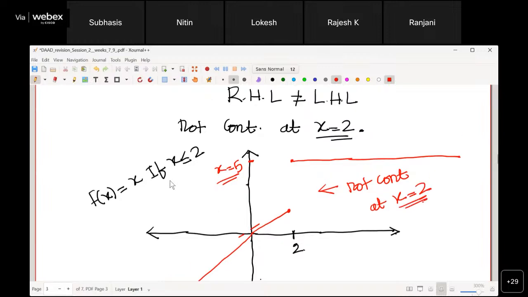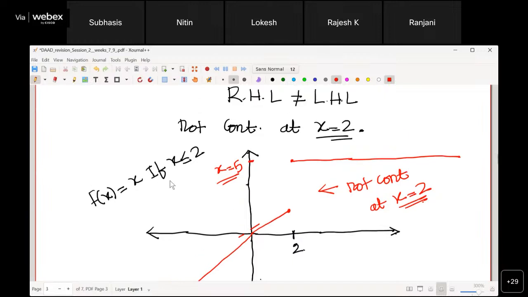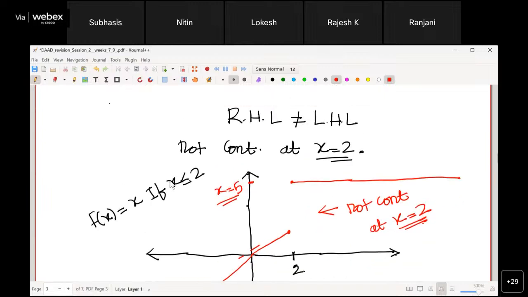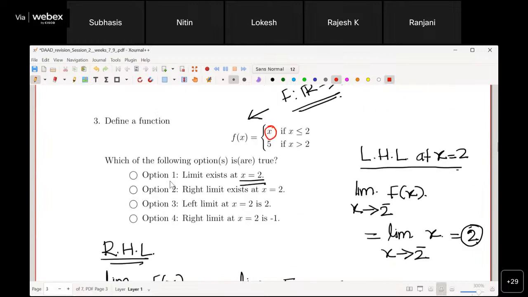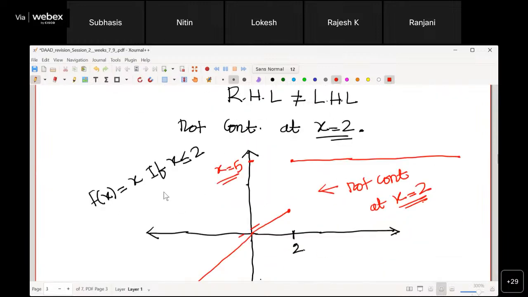So when we see a constant as one of the options, and the other one is dependent on x, then it will be discontinuous, right? Not exactly. For example, if I redefine this function, instead of 5, if I write this as 2, then this function will be a continuous function, because this graph will be something different.